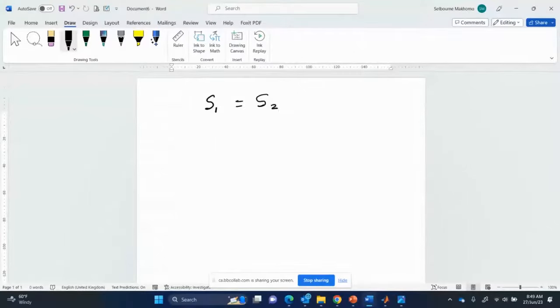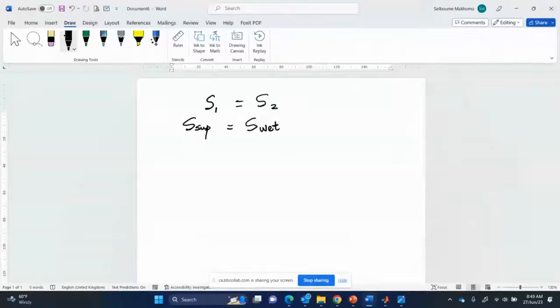S1 is equal to S2. Now at S1 the steam is superheated, and at S2 the steam is wet, so we can say that the specific entropy of superheated steam is equal to the specific entropy of wet steam. Now here, we can apply the formula.